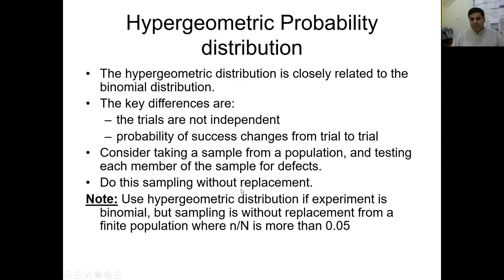When you are using without replacement, I am repeating my example again. Without replacement means you are not putting back into the box. For example, in your class, if I want to select one president and one secretary, and I choose one person as president, that person will not be counted again in the selection process, because when we choose that person as president, we will not put them back.